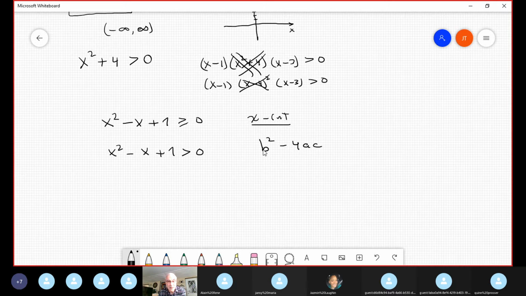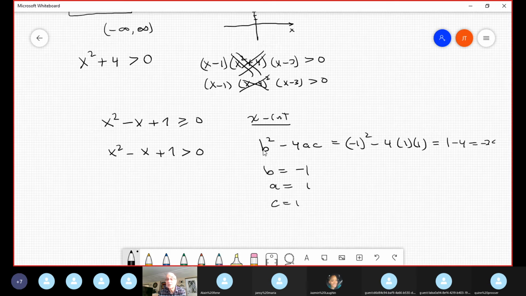In that specific case, b is negative 1, a is positive 1, and c is positive 1. When you compute the discriminant, it's negative 1 squared minus 4 times 1 times 1. So it is 1, because negative 1 squared is positive, minus 4 is negative 3.